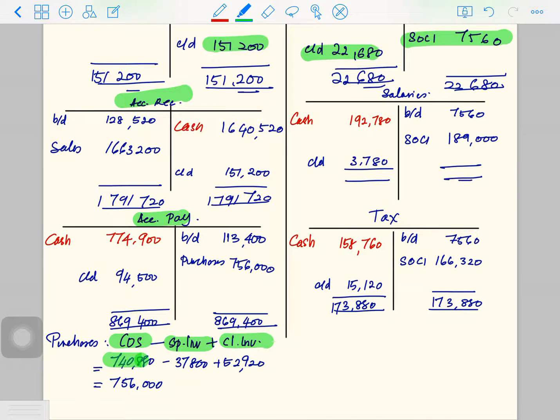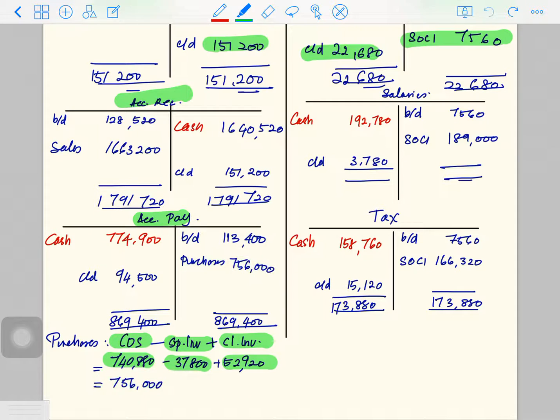Cari purchases. Account payable kita ada brought down figure dia dengan carried down figure dia kan. Itu dalam financial position, balance sheet tu. Jadi purchases ni kita dah dapat daripada calculation ni, kita boleh carilah amount yang kita buat payment kepada supplier. Cash paid to supplier, which is this much lah, 774,900.